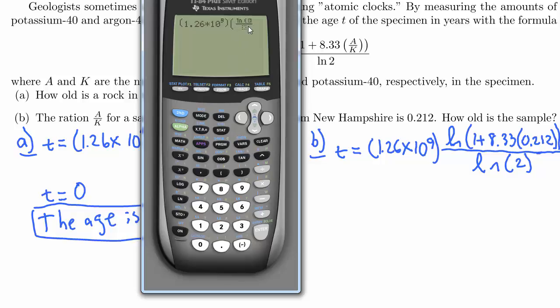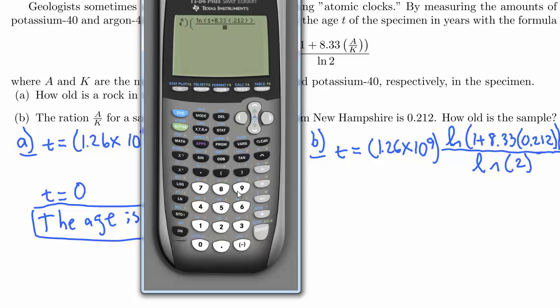Now notice it already does the parentheses. 1 plus 8.33 and then times, or in other words parentheses, 0.212. Close that one, and then that's just for this parentheses, so I still need to close that parentheses right there. So I do one more parentheses.